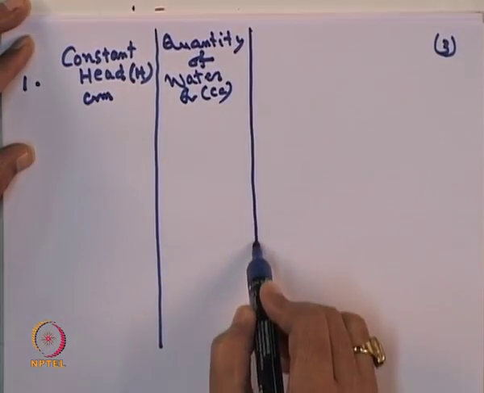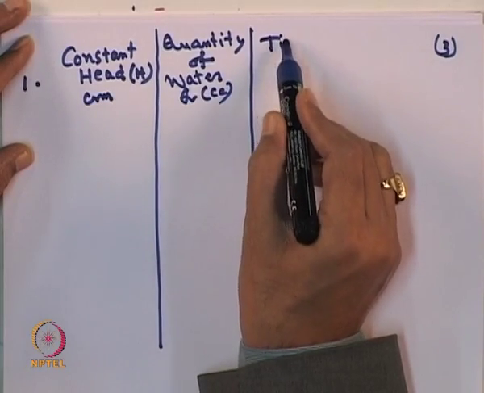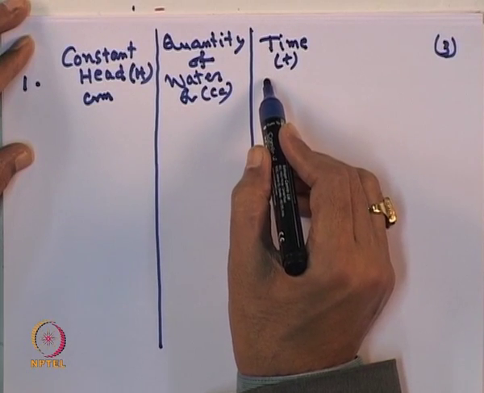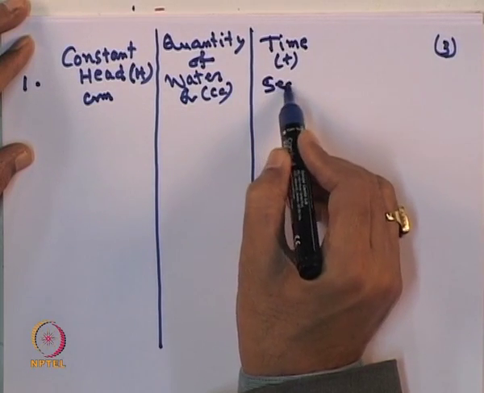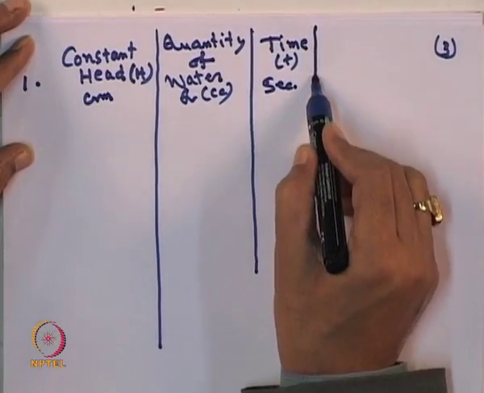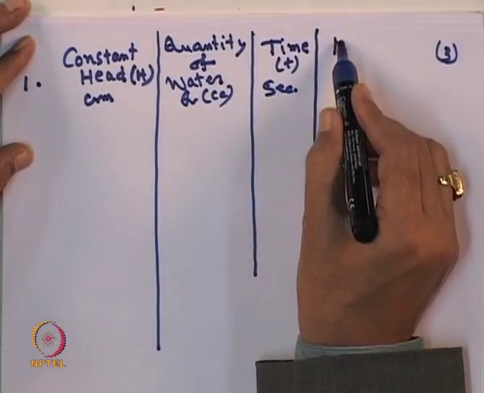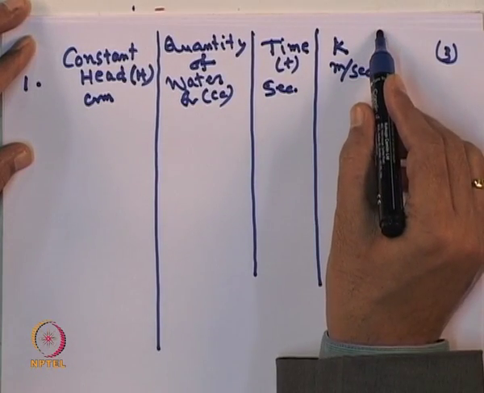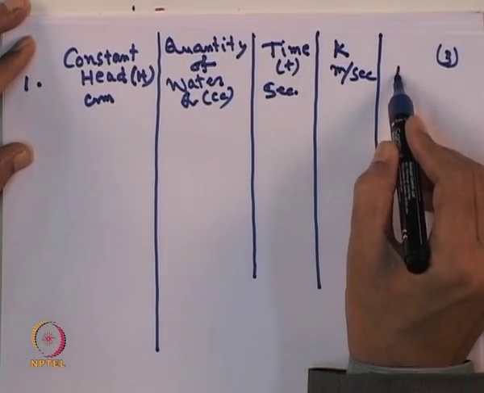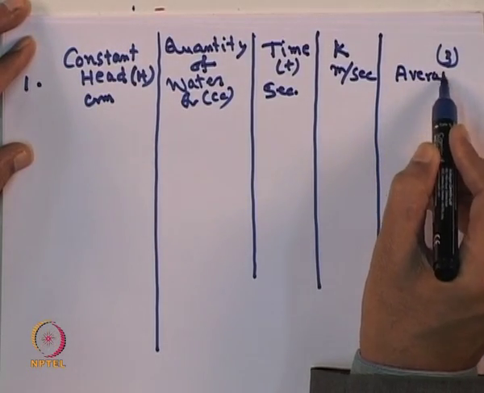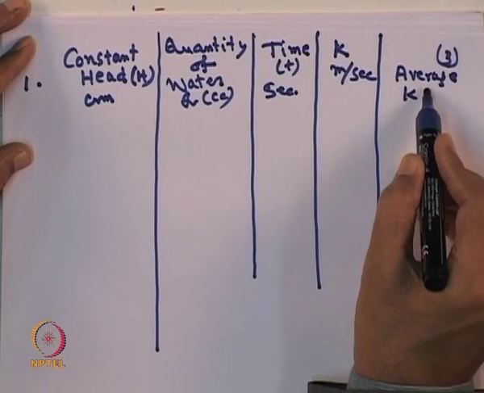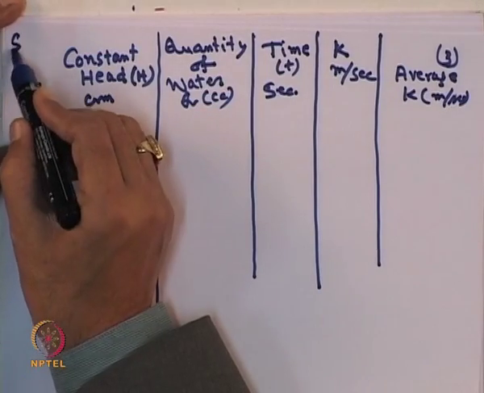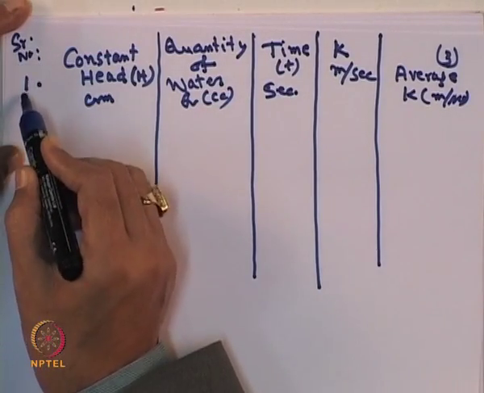Then the time required, that is T in seconds. And then you can calculate coefficient of permeability K, and then you take the average K, that is meter square per second. So let us say this is serial number 1.